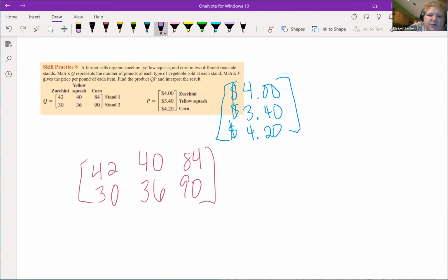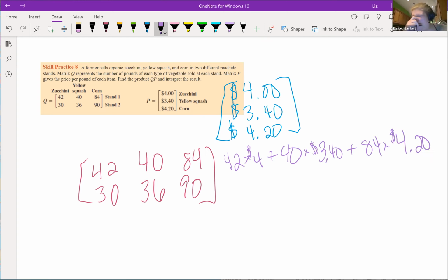So that first entry is going to be 42 times $4 plus 40 times $3.40 plus 84 times $4.20. All right, so what was the $4? Zucchini.